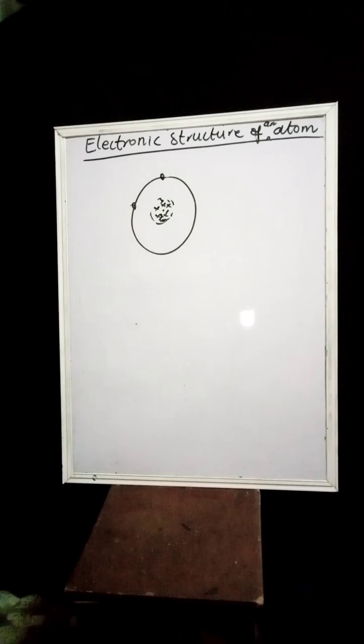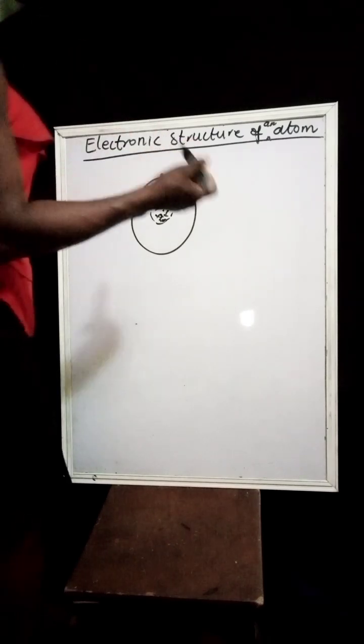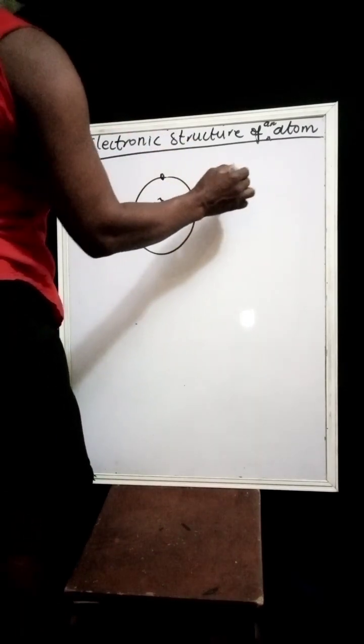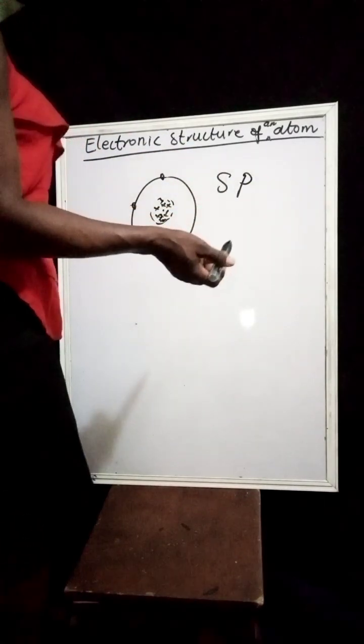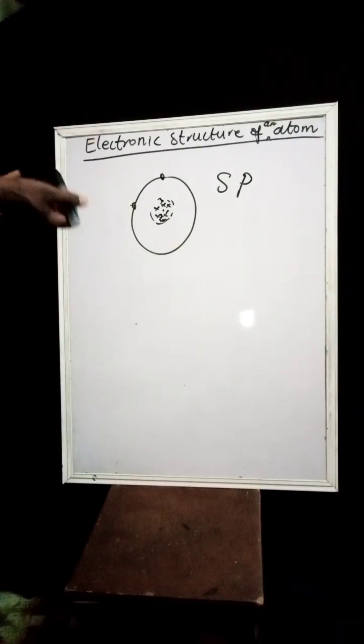Before we start, there is something I want us to look at. Remember, at this level we will be dealing mostly with the first 20 elements, in which we'll be explaining mostly the s and the p orbitals, because the first 20 elements are within the s and p orbitals.